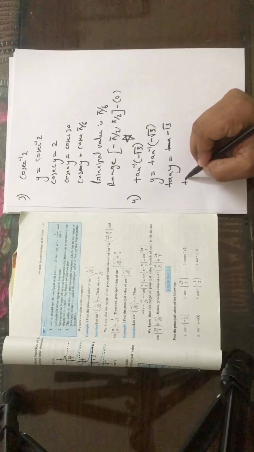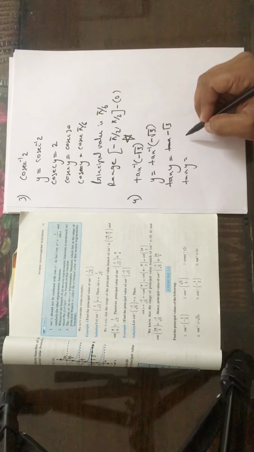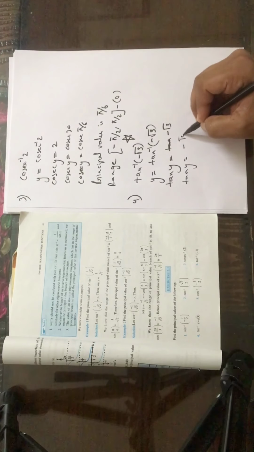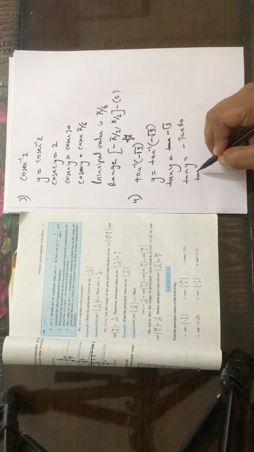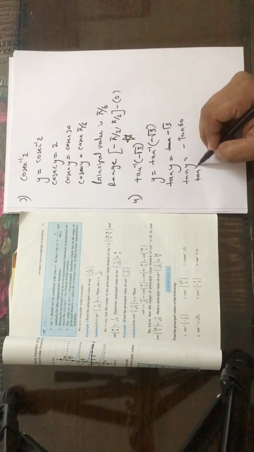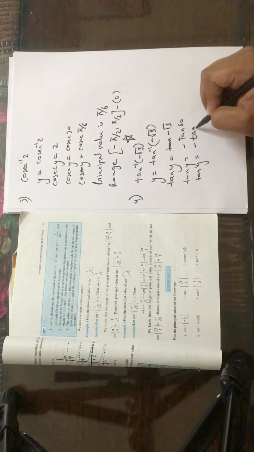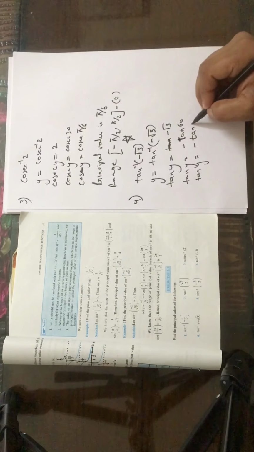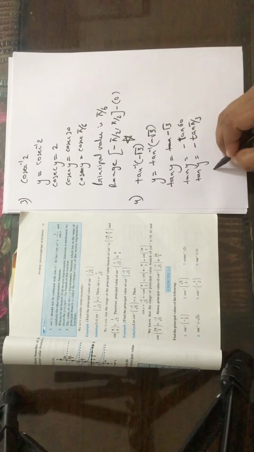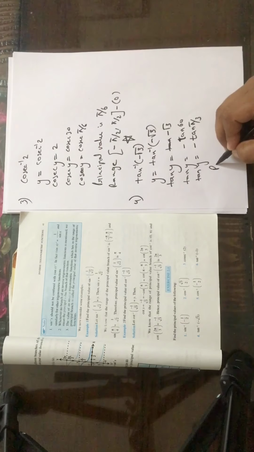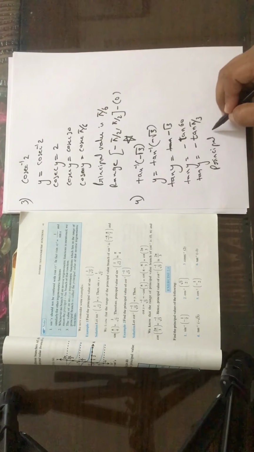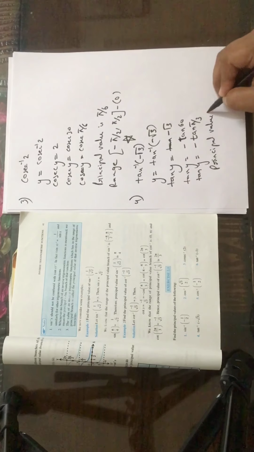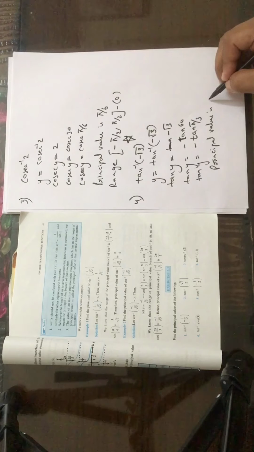So, what can we do? Tan y equals minus tan 60. You can also convert it into tan y equals minus tan pi by 3. So, what is the value of y? Again the principal value is minus pi by 3.